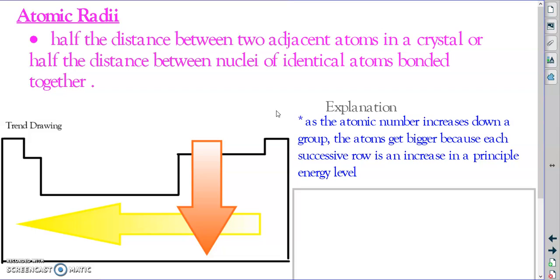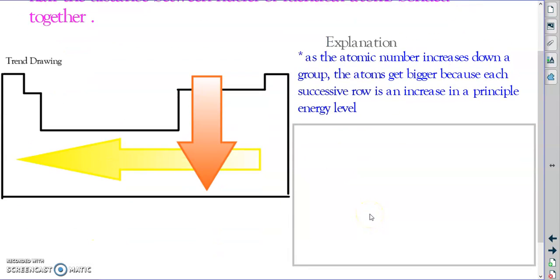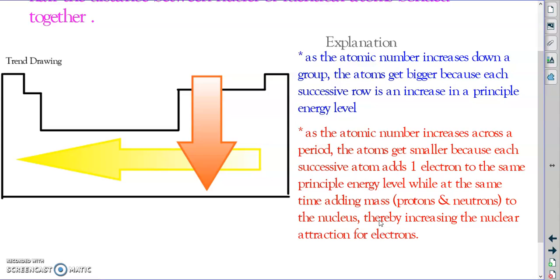All right. The other trend, which seems weird, is as the atomic number increases across the period from left to right, the atom is actually going to get smaller. The atom's going to get smaller because you're adding electrons to the same principal energy level, but you are also adding neutrons and protons, things in the nucleus.